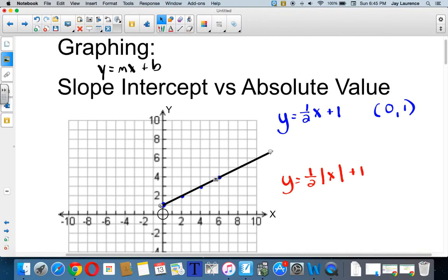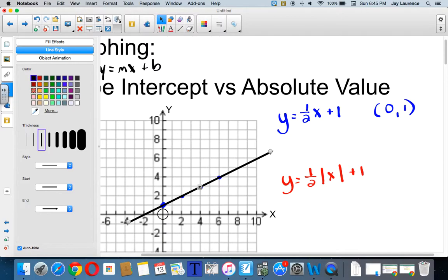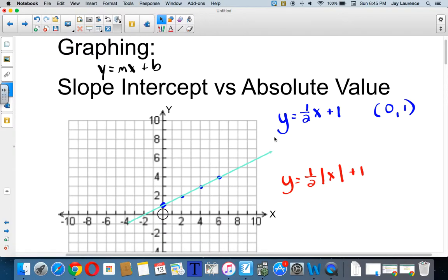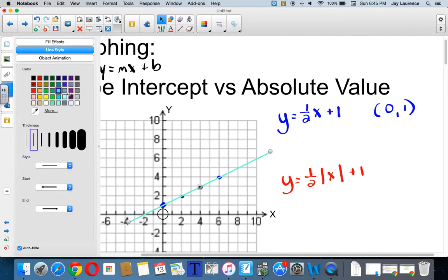I should make it a little bit longer, thinner, and a different color. I don't want to go red because I want it to stand out, and I'm going to be doing something red in a minute. Okay, so there is the linear equation graphed. Maybe I'll make it blue so that it's obvious which equation it goes to.